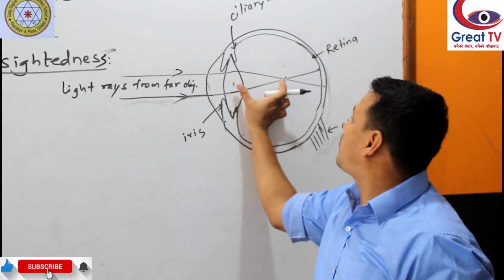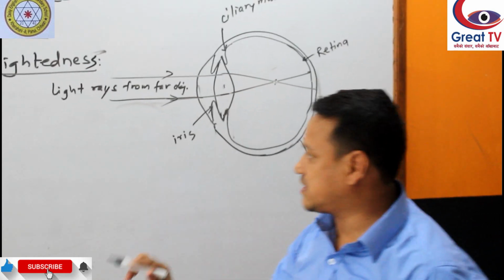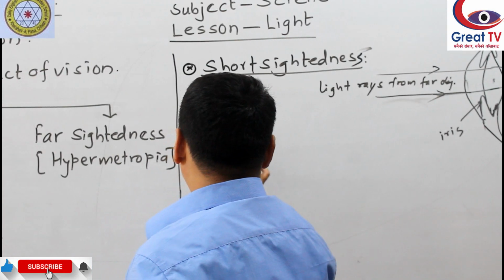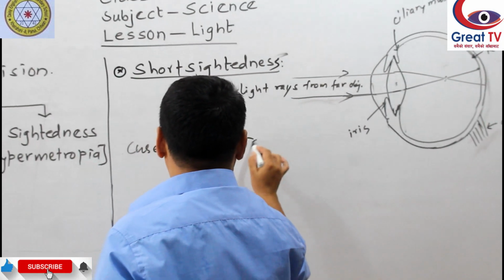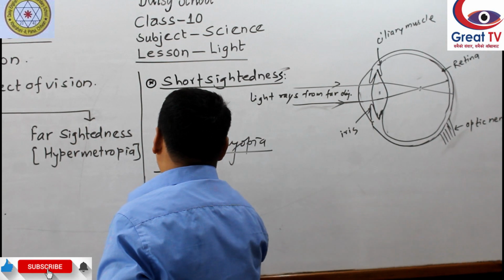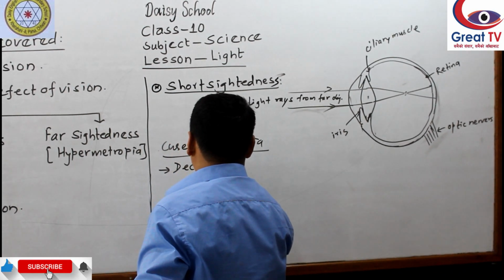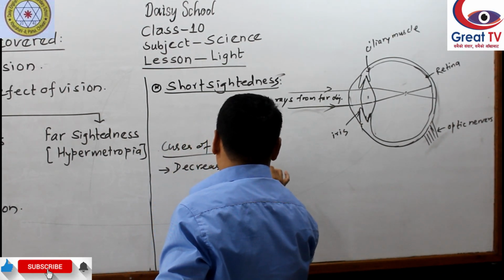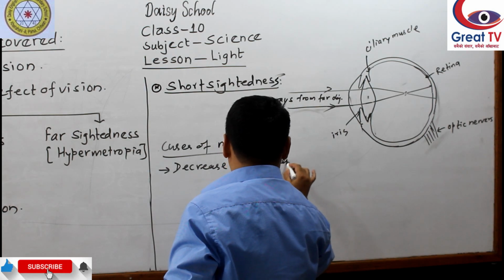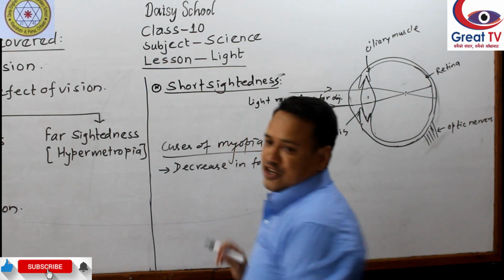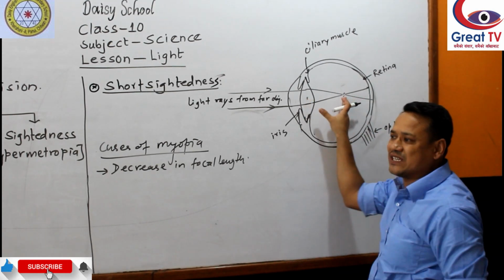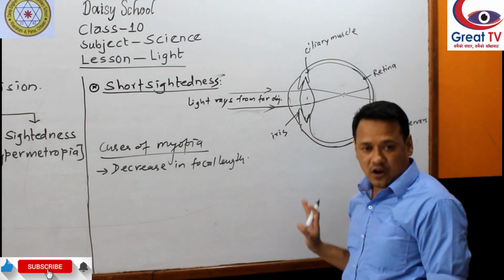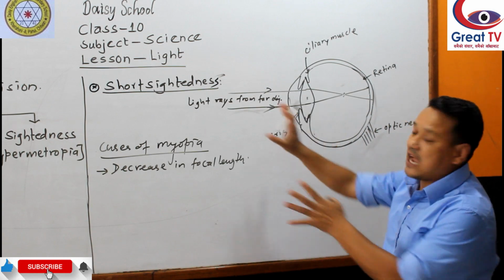It means the focal length has decreased. So the cause of myopia is a decrease in focal length. From the center of the eye lens to the intersecting point is less here. Because of the decrease in focal length, it happened.